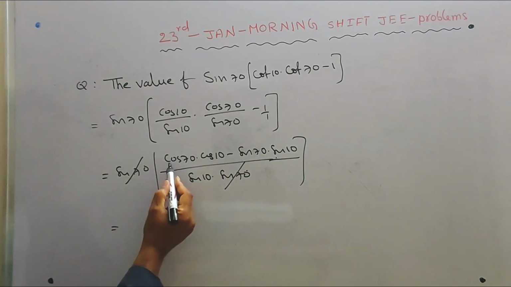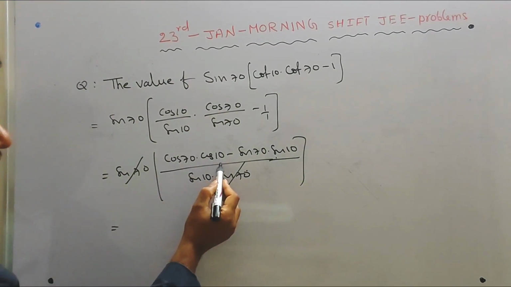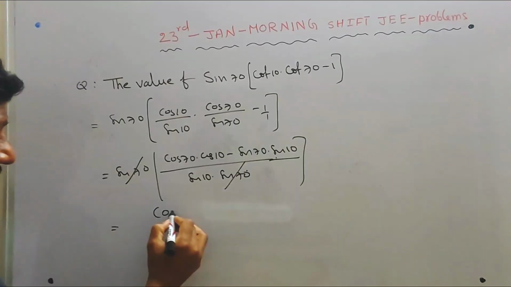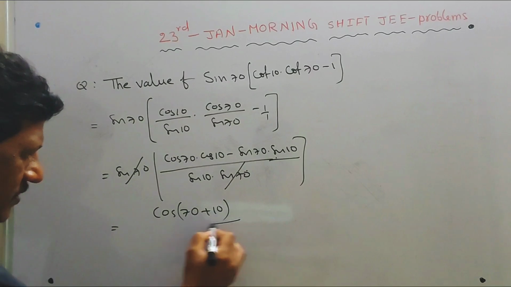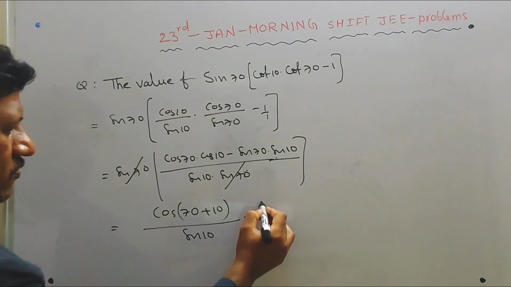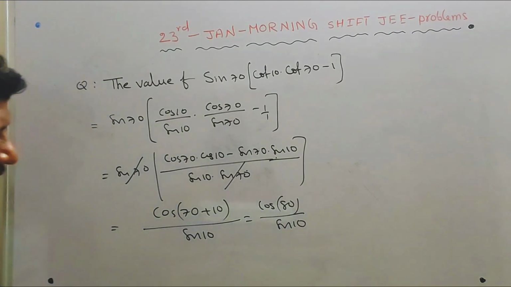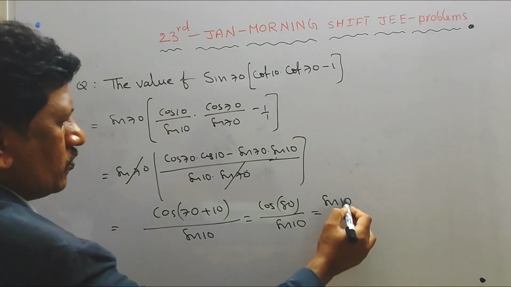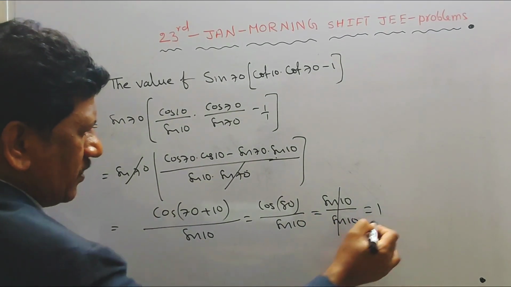Now this entire numerator step is in the form of cos A cos B minus sin A sin B. The formula is cos of (A plus B), that means what? 70 plus 10, cos of A plus B, and what remains in the place of the denominator? Sin 10. So you will get cos 80 by sin 10. Okay, right? We can write cos 80 as sin 10 also. By sin 10, both get cancelled, you will get the answer 1.